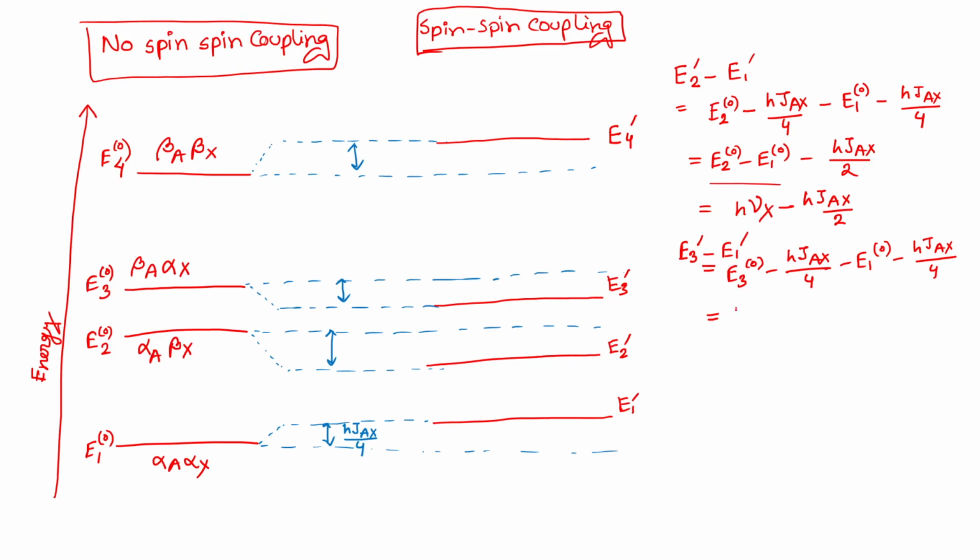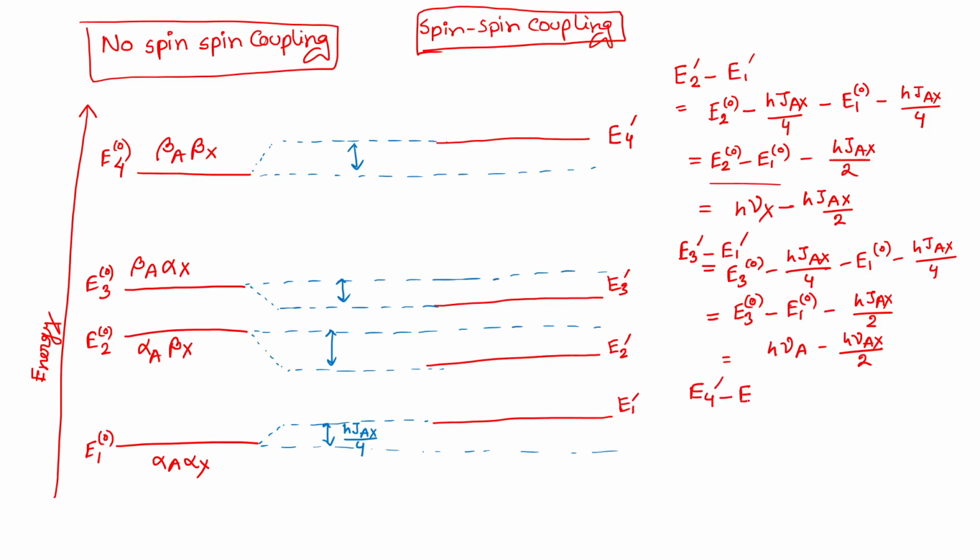So eventually the gap is E3 0 minus E1 0 minus JAX by 2, and this gap was nothing but the spin flipping of A nuclei, so h nu A minus JAX by 2, and this is one condition.